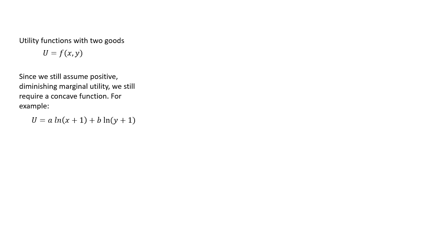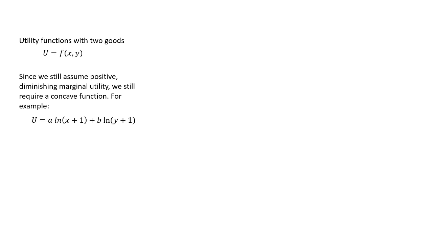One example could be simply to add up two single good logarithmic utility functions, because utility functions are very often quasi-linear. Without really going into that concept, basically that means that you can write these two functions as a sum and you are going to get a still valid utility function.